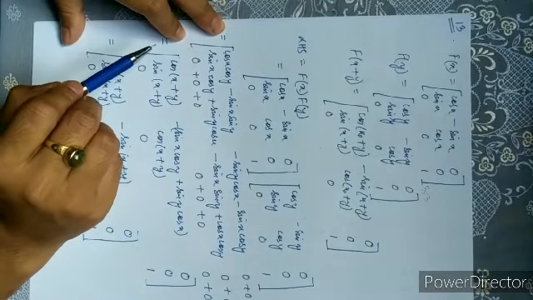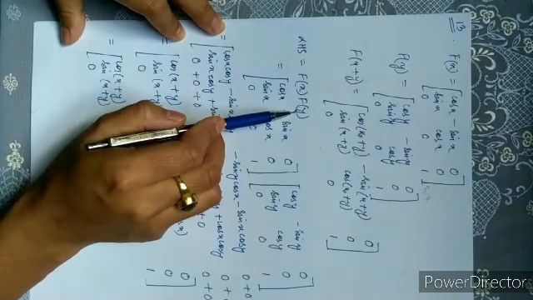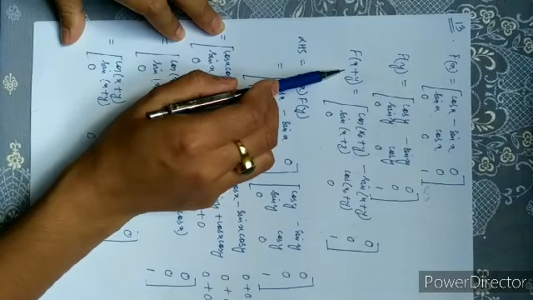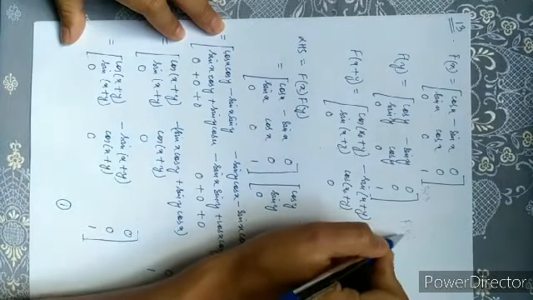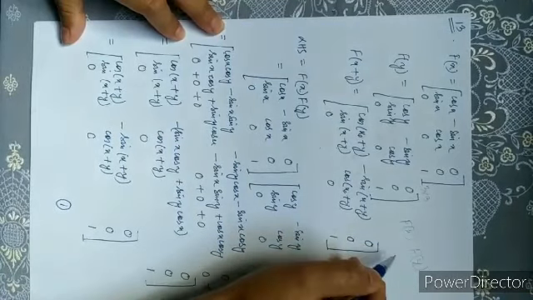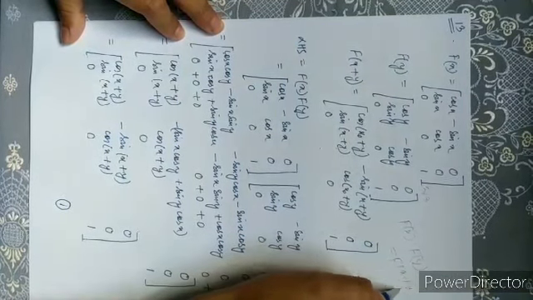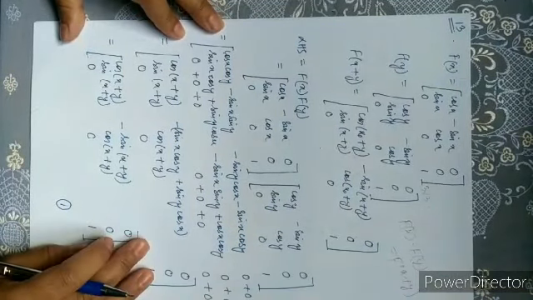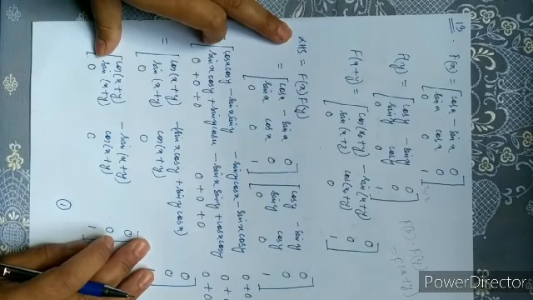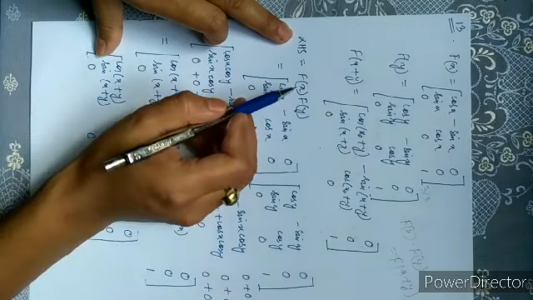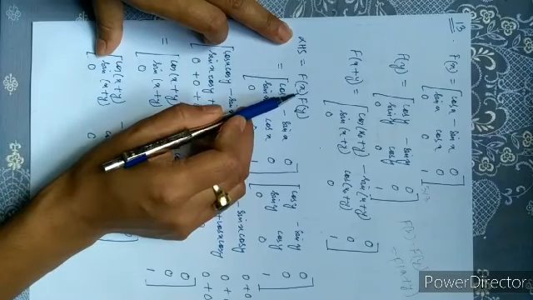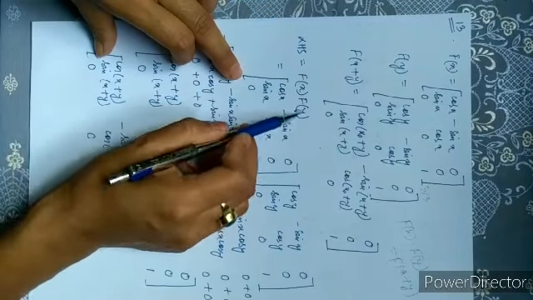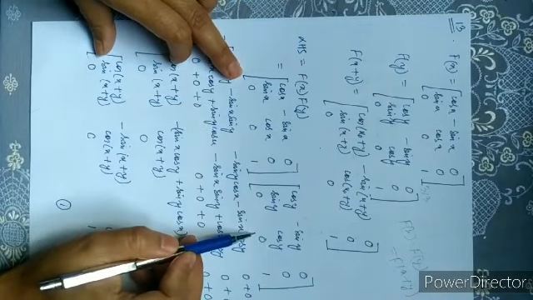Now we have to show that f of x into f of y is equal to f of x plus y. Let us take the left hand side. The left hand side is the product of two functions, f(x) and f(y). Function x is in terms of a matrix, and function y is in terms of a matrix.